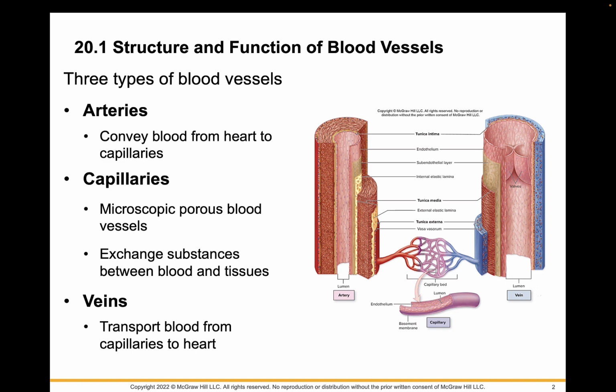Now, that also carries over to something else I want to address. When we talk about arteries, we want to think of them as a pressure reservoir, whereas veins are going to be a volume reservoir. So when we look at an artery, it is able to withstand much higher pressures, whereas veins can actually hold a relatively large volume of blood without an increase in pressure.